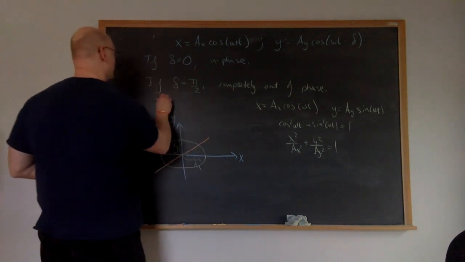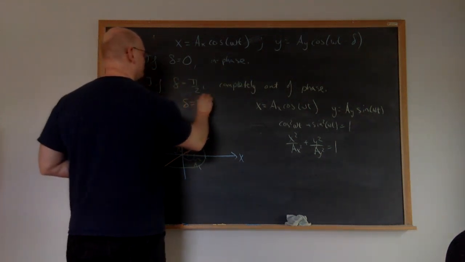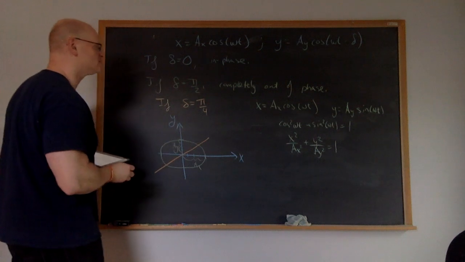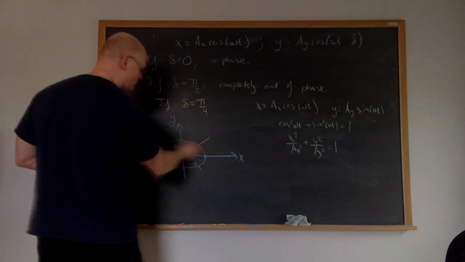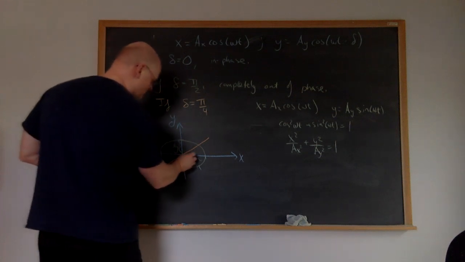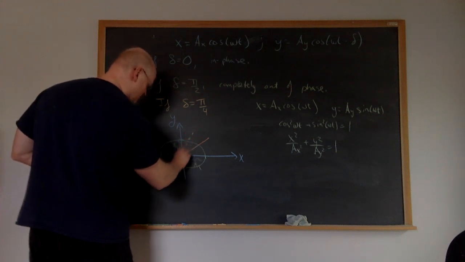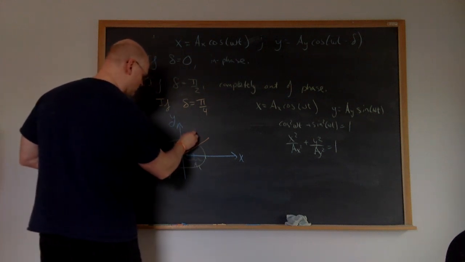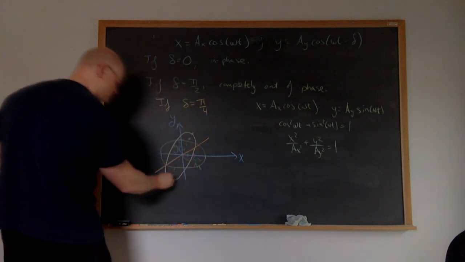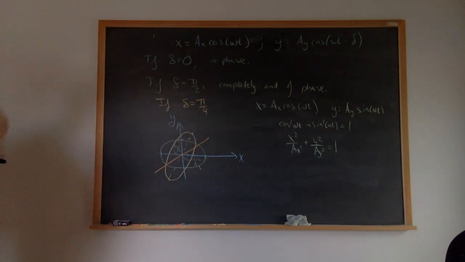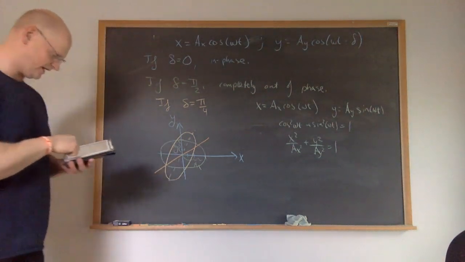So for example, if this was equal to pi over 4, they're not completely out of phase with each other, so they can't be in phase and they're not completely out of phase. So we're still going to get some sort of ellipse, but now my ellipse is going to be centered again at 0, but it's going to do something more like this. So this will be its oscillation in the xy plane.